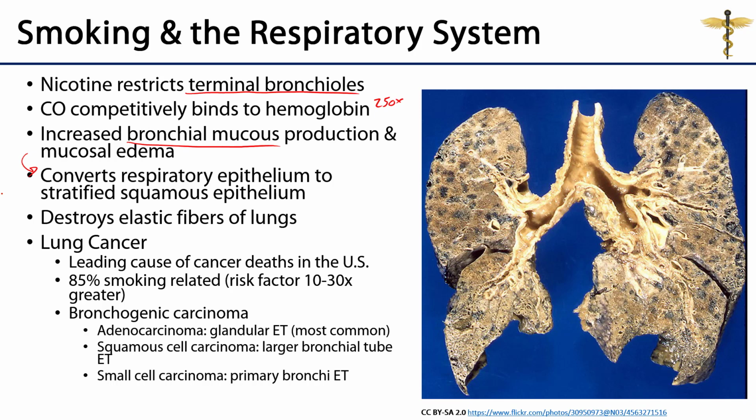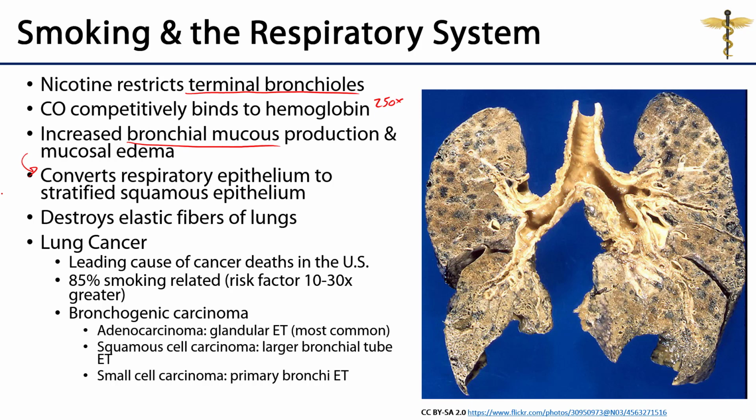So within the conductive pathway, there's the mucus elevator. This is the ciliated pseudostratified columnar epithelium that helps to move mucus from the distal to the proximal portions of the airway. So it elevates the mucus from the bronchial tree up into the laryngopharynx, where a person can then swallow it in the night.